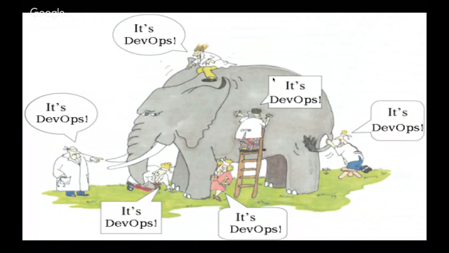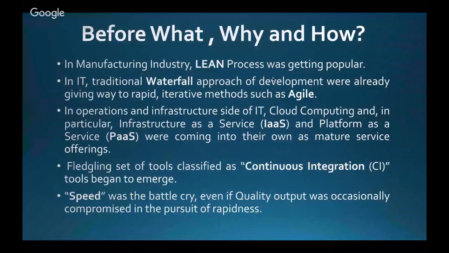Everybody has their own perception. This is exactly what is happening in the IT industry. Most of the people who are beginners have some knowledge, like, DevOps is like this, DevOps is like that, but they don't have a complete overview or complete knowledge of exactly what it is. And that is the reason we are here.